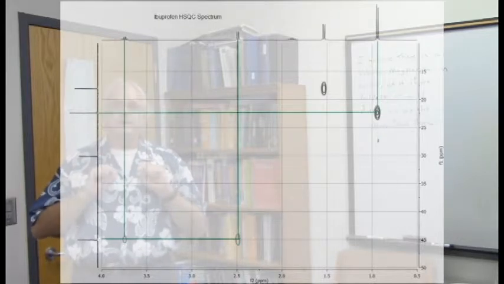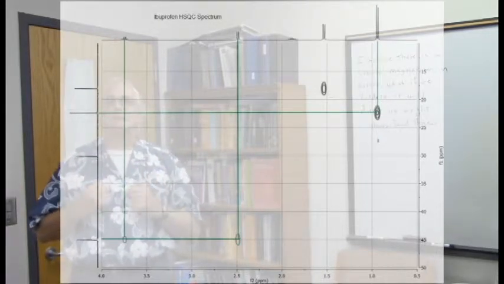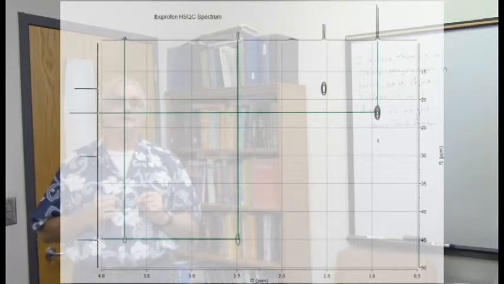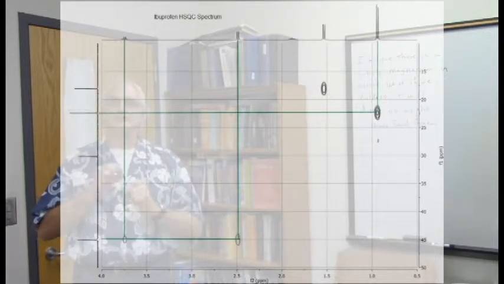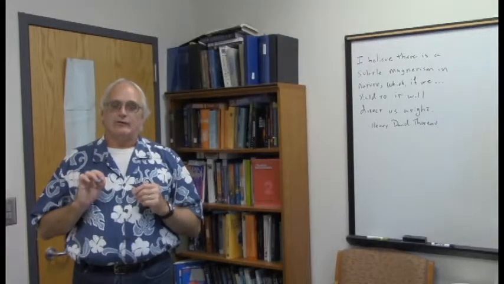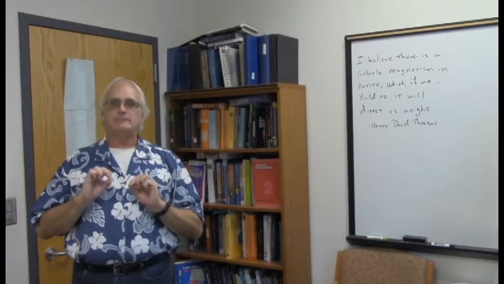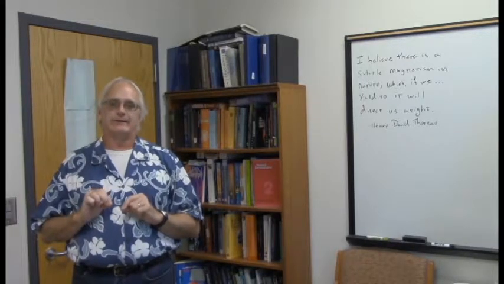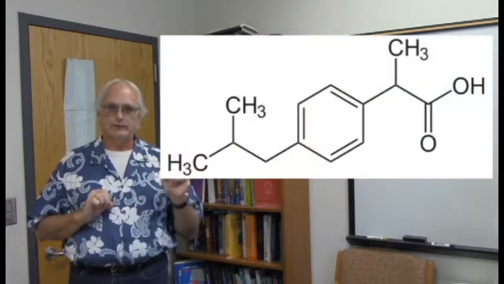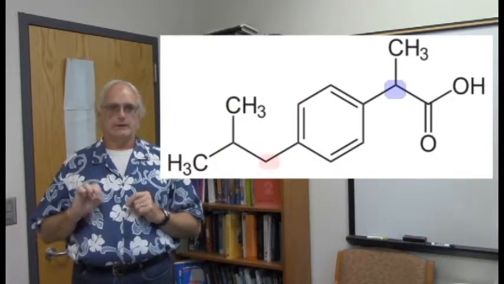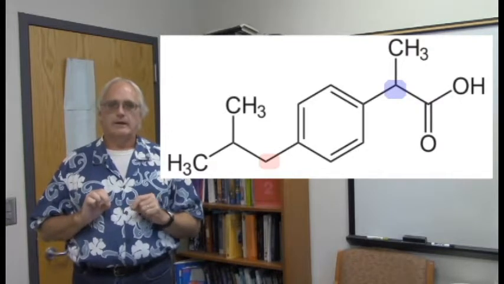The HSQC confirms what the DEPT 135 showed us, that this one carbon signal is indeed 2 separate carbons, a CH and a CH2. And in fact, in mapping out the spin systems like we did in the COSY, it shows us that it's actually the CH of this spin system and the CH2 of the isobutyl spin system.